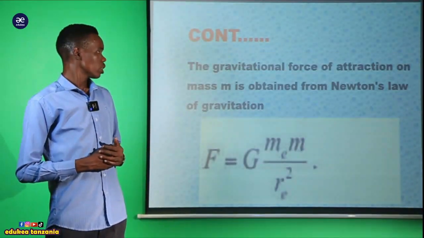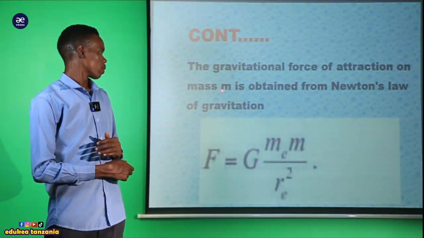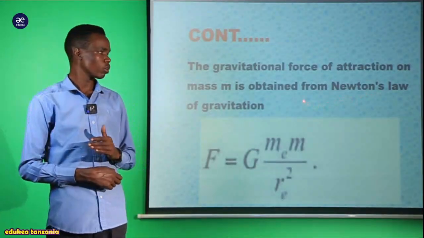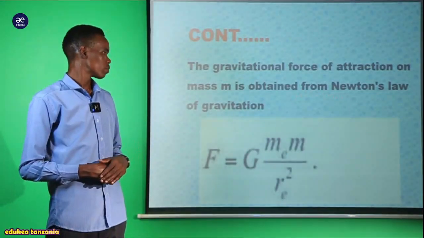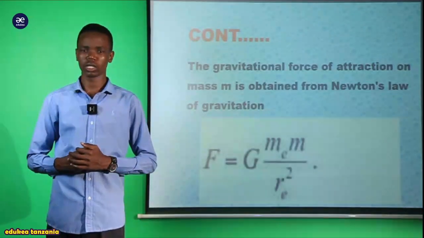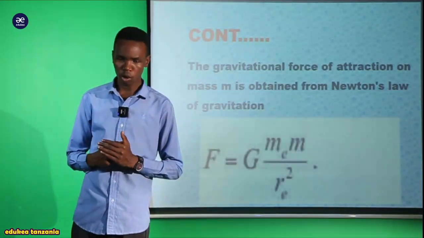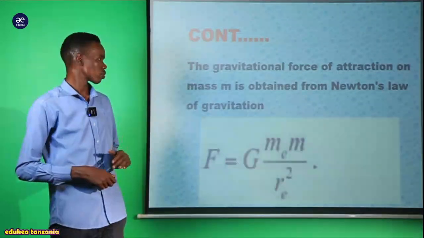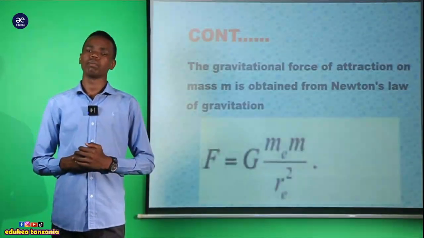So the gravitational force of attraction on mass m is obtained from Newton's law of gravitation. How can we obtain the gravitational force of attraction of mass m?